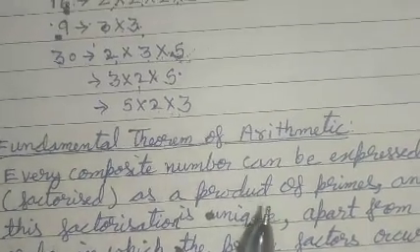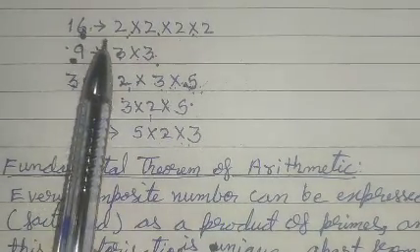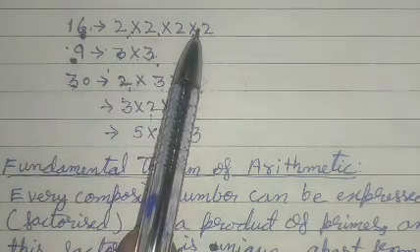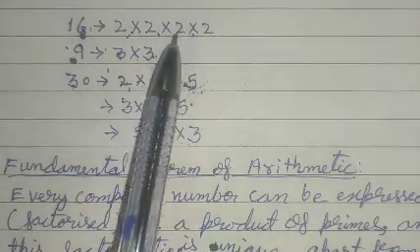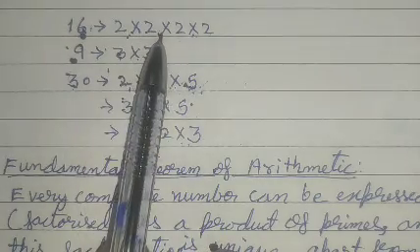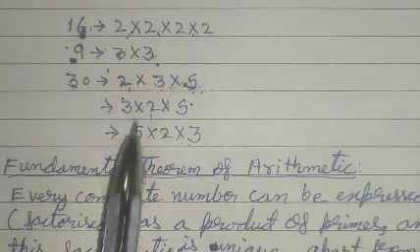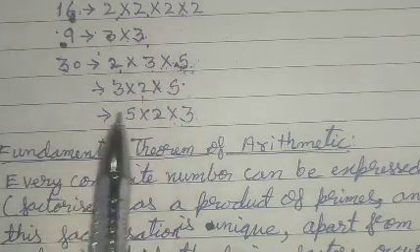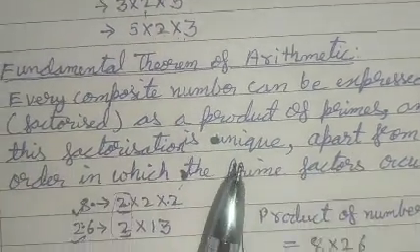So that means here we have also seen the factorization. These composite numbers can be represented as the product of the primes, and this factorization is unique for every number, and irrespective of the order in which they occur, their order can be changed, but the numbers will not change.